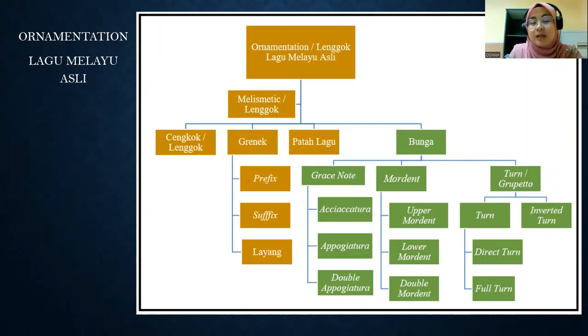Some of them said it is the phrasing, and some of them say it's a kind of ornamentation in the phrasing. So I would like to take it as ornamentation in the phrasing. So the fourth one is bunga, which if translated into English is the flower. So bunga will have 3: the grace note, morgan, and turn or gruppetto.